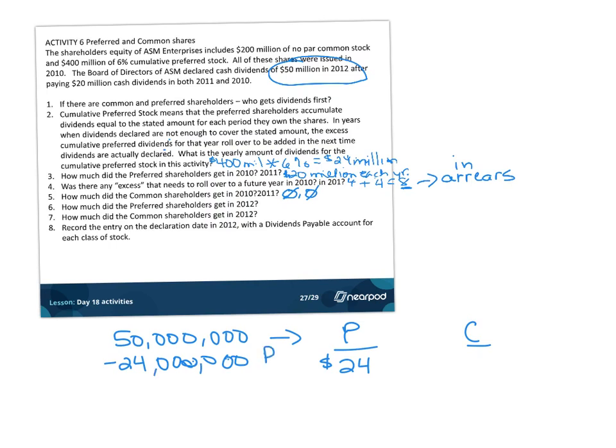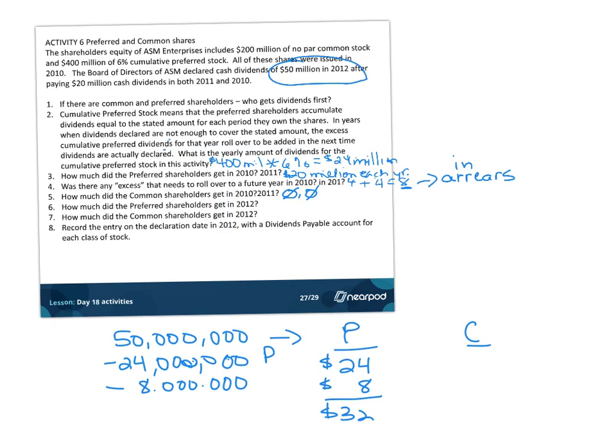And then we talked about this amount that's in arrears. They're entitled to the amount that's in arrears from prior years. And that adds up to 32. So that's what they got. There's 32 for them.